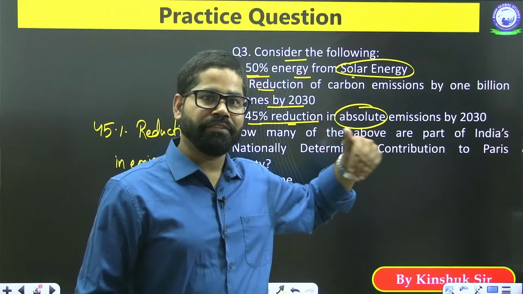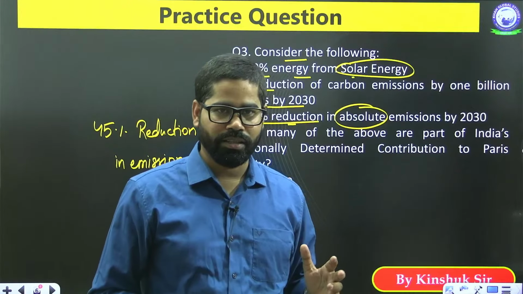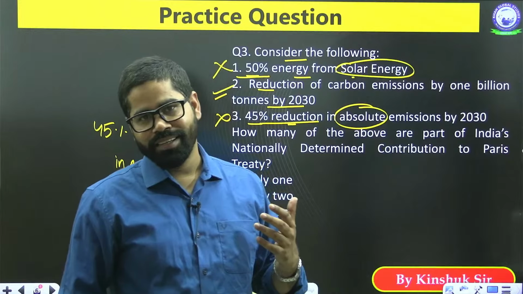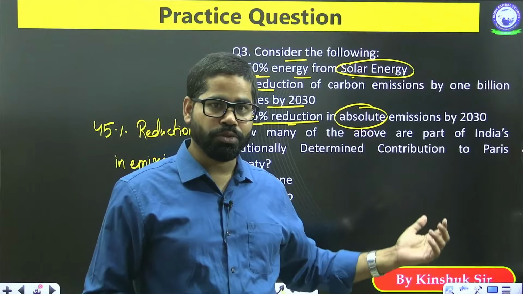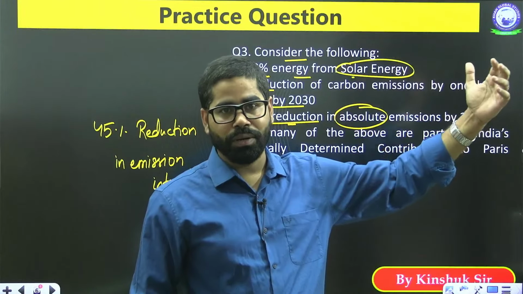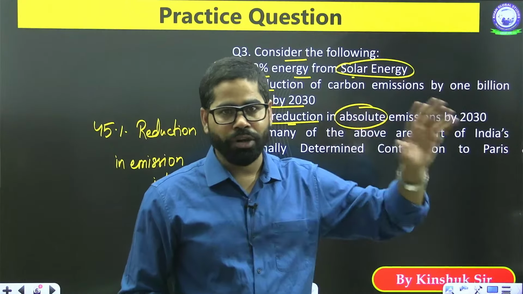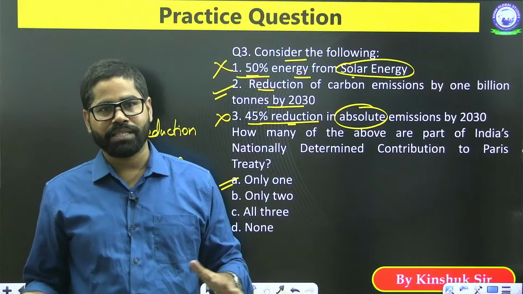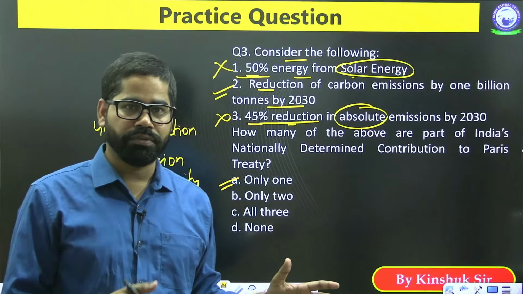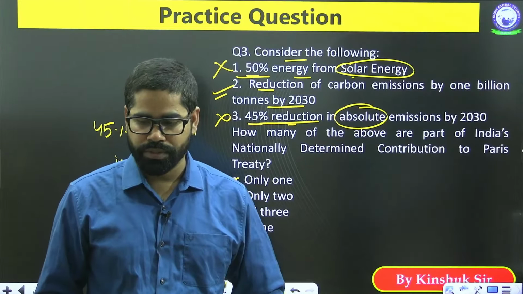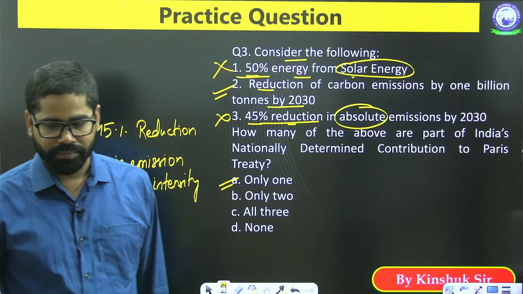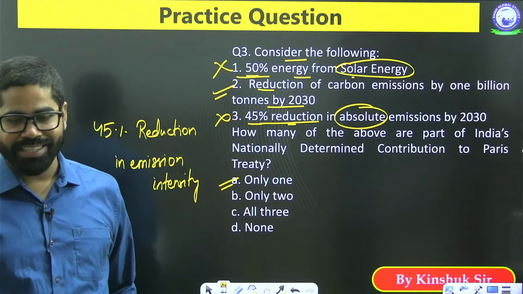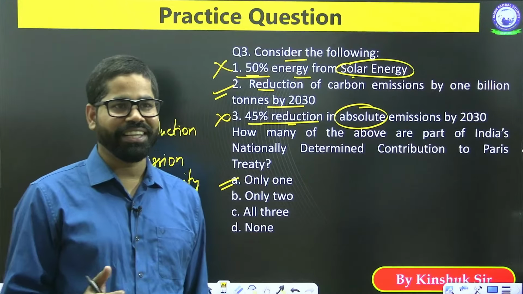Here it says 50% from solar energy, which would mean 50% from solar and the others from other sources. It is not like that. It means 50% from total non-fossil fuels, from all the non-fossil fuels. Solar is one of the renewables, but not all the renewables.